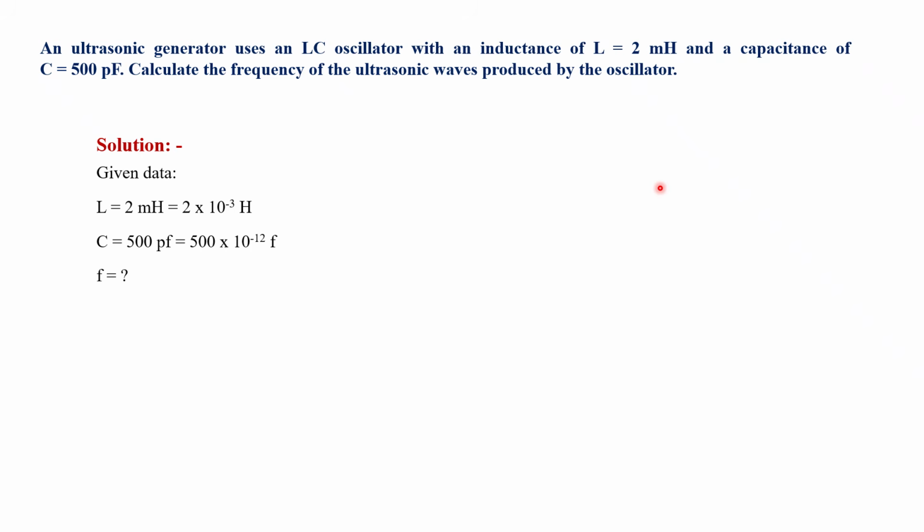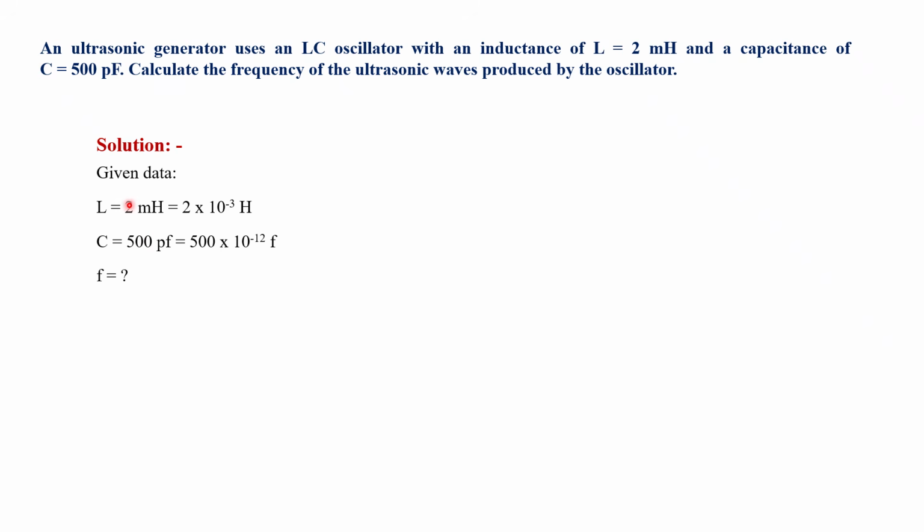Now the last statement we are going to see is for the frequency calculation of the oscillatory circuit, where we have seen the formula is related to the inductance and capacitance values. So here you may see the problem statement. An ultrasonic generator uses an LC oscillator circuit with inductance L equal to 2 millihenry and capacitance of 500 picofarad, and it is asked to calculate the frequency of the ultrasonic waves produced by the oscillator.